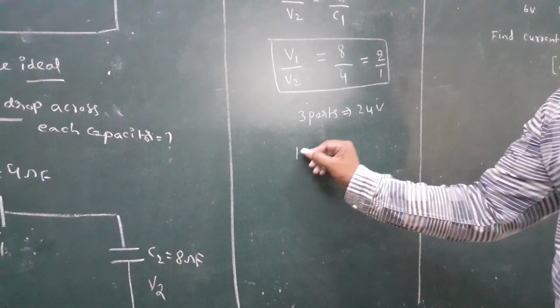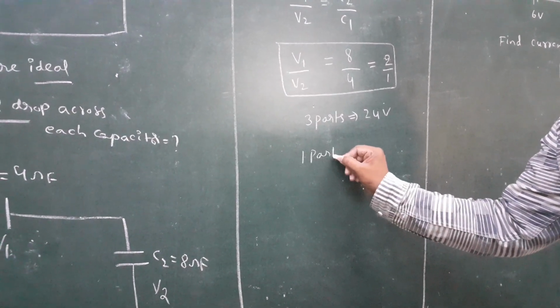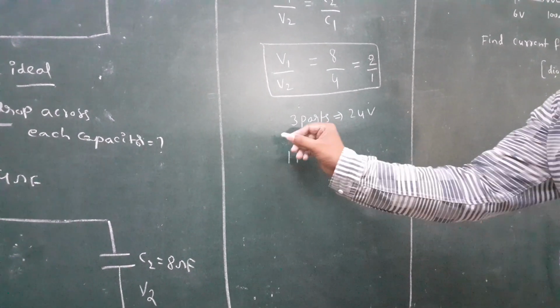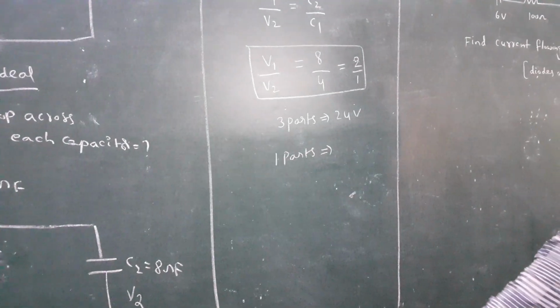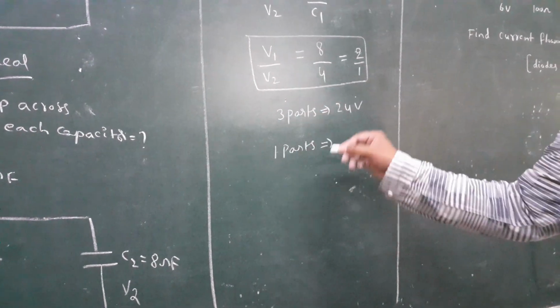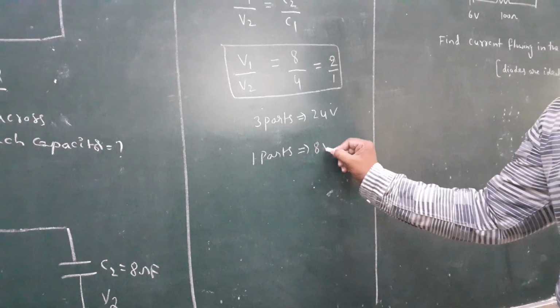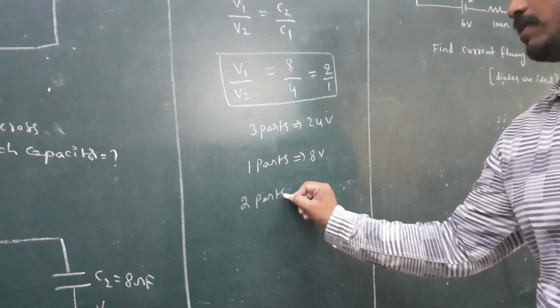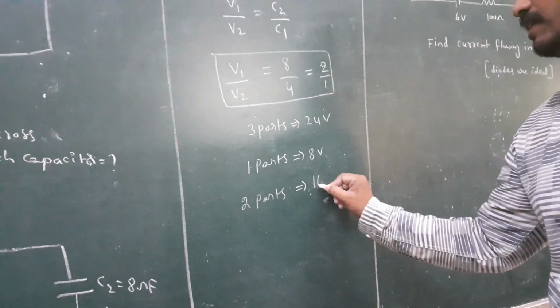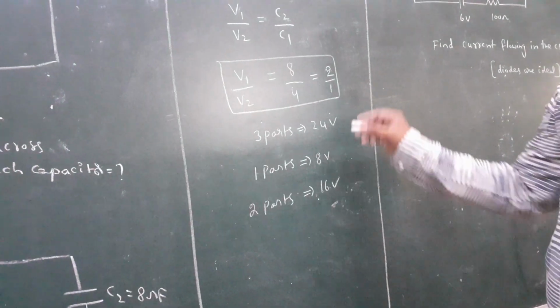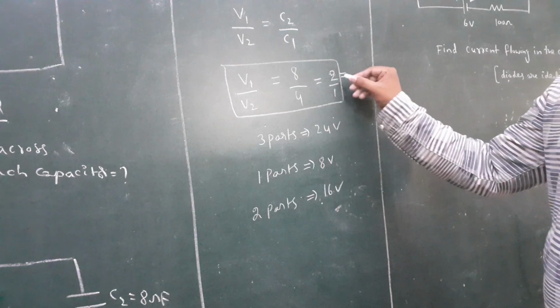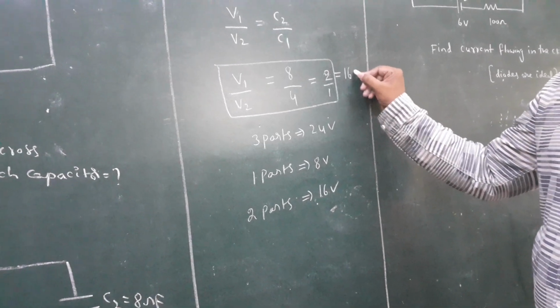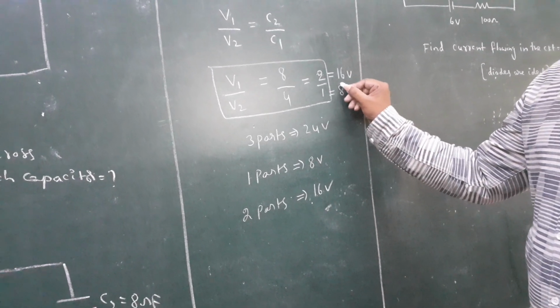That means for 3 parts it is 24. For 1 part, divide both sides by 3. 24 by 3 is 8. 1 part is 8. 2 parts means multiply both sides by 2. 2 into 8, 16 volts. That means 2 parts is 16 volts, and 1 part is 8 volts.